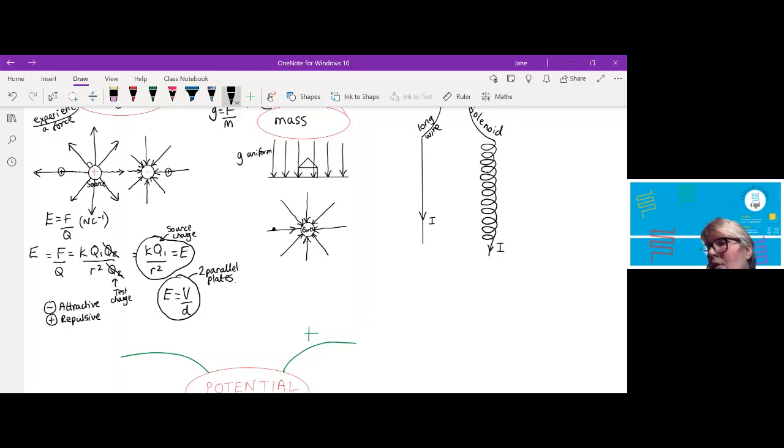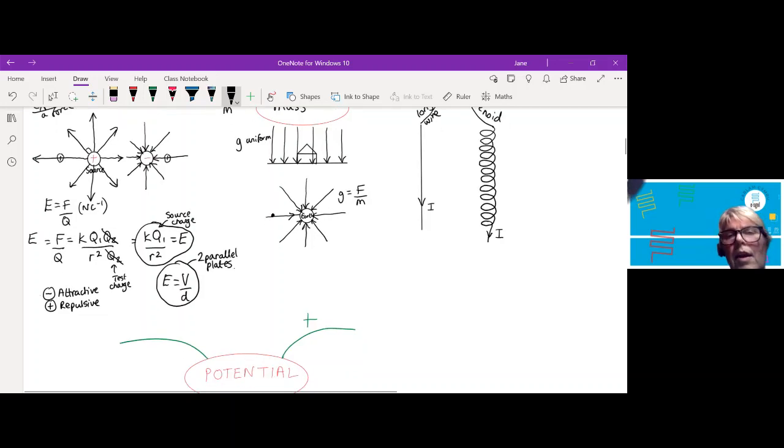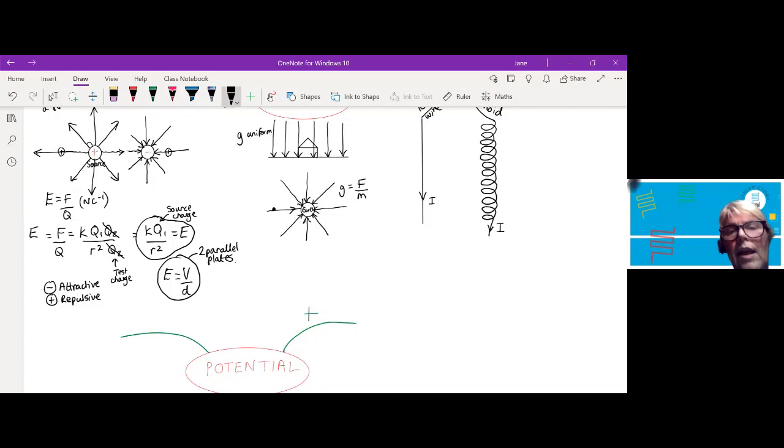All right, so we know that g equals force divided by mass, mass being the test mass that you put into the field by the source mass. And we can say that F equals G m1 m2 over r squared.